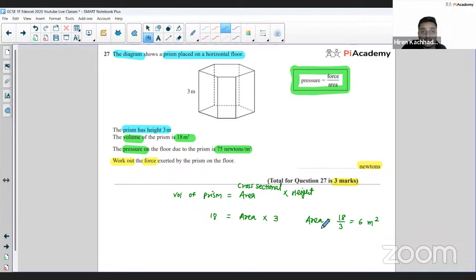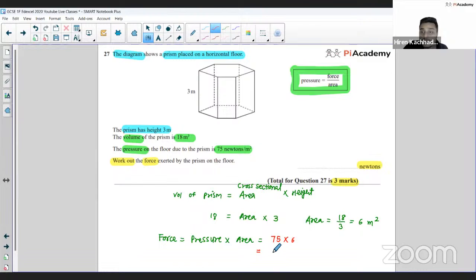Once you have the area, you can find the force, because from this formula you can rearrange, and force equals pressure times area. The pressure is given to you, that is 75. So we need to do 75 times 6.